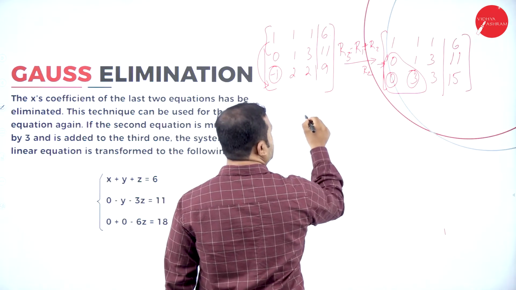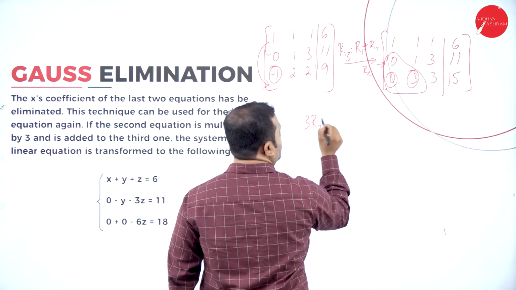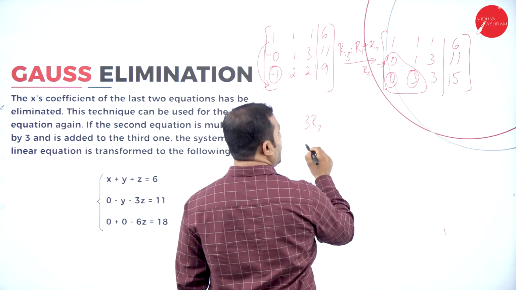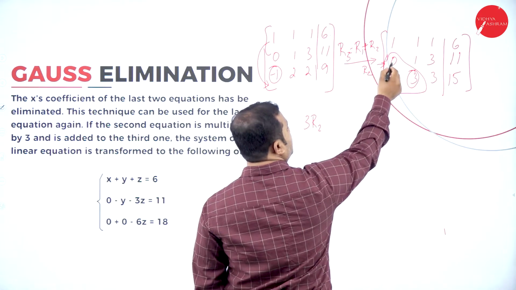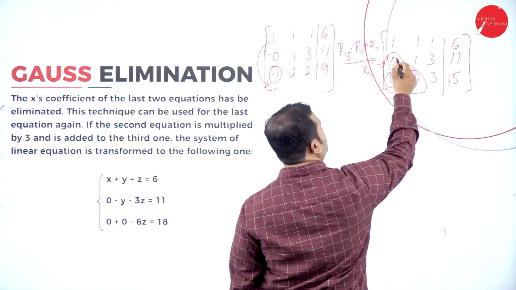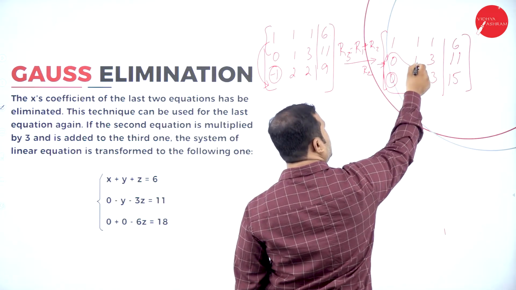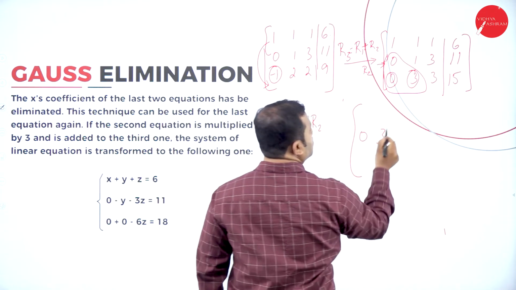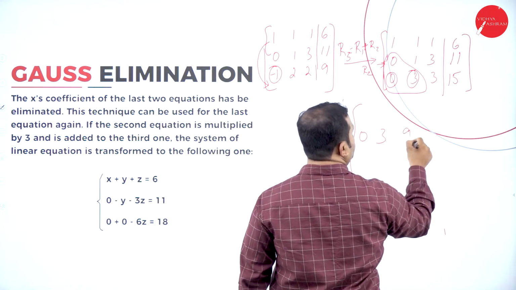If I take 3 times R2, 0 into 3 is 0. Let me consider this row. 0 into 3 is 0. 1 into 3 turns out to be 3. 3 into 3 turns out to be 9.